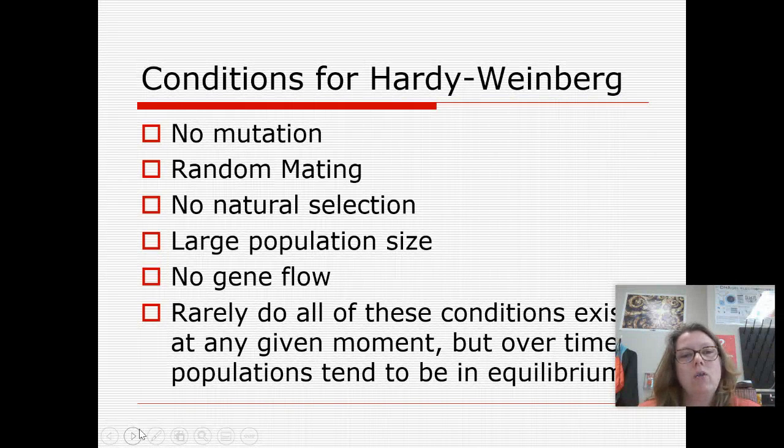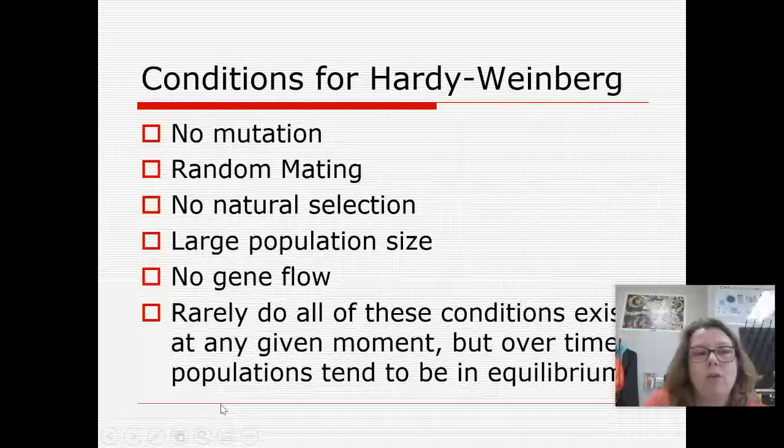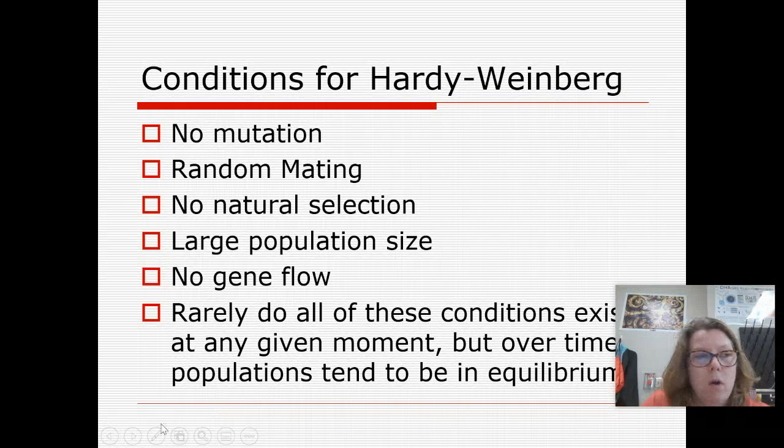But actually what's interesting about Hardy-Weinberg is if you track over long periods of time the population, what you find is actually they do tend to stay in Hardy-Weinberg equilibrium. Okay, so for the most part, populations are stable unless there is some selecting factor acting on them, right?